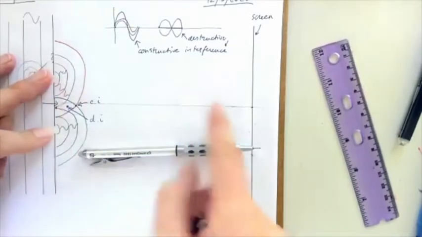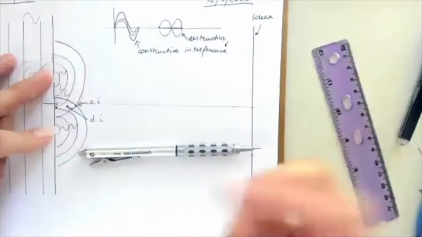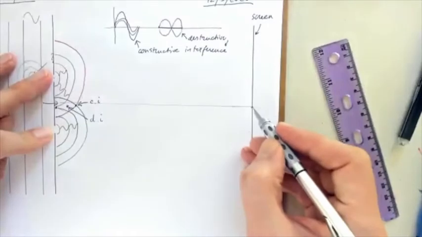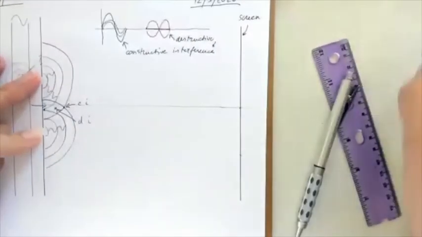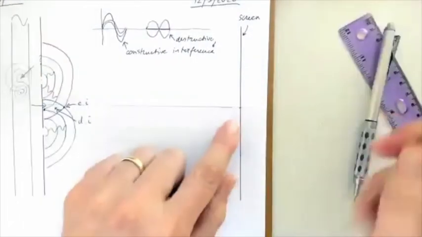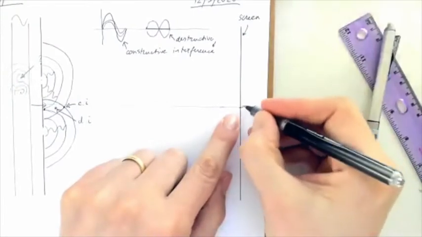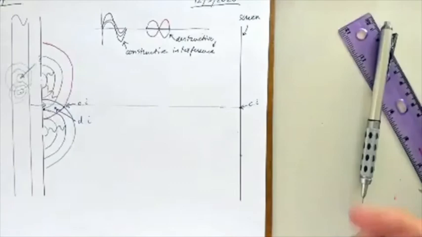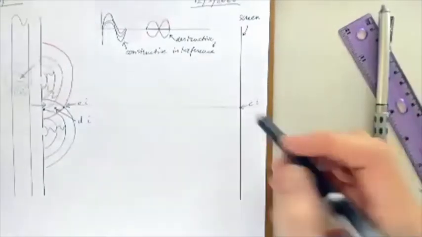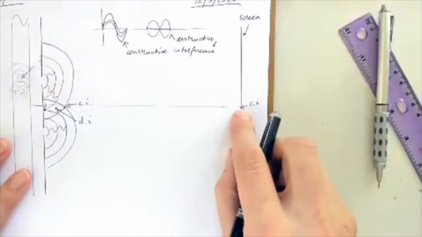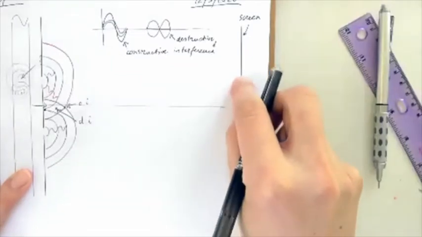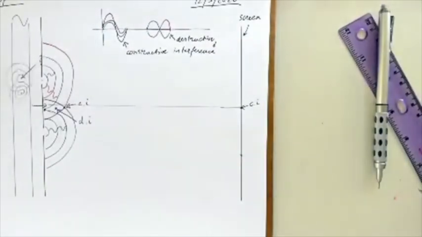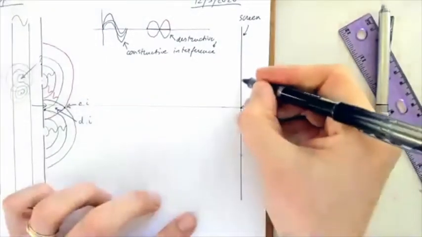That means that if the path difference is the same, the amplitude here is always going to be the same. So at this point, you will find constructive interference, AKA light.